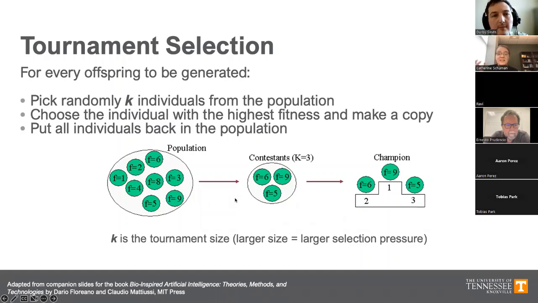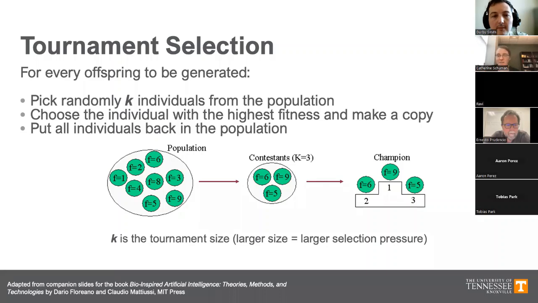And in that case, you would be returning as your offspring the 3rd lowest performing individual in your population. So it's this idea of that random selection from your population as part of your tournament that still gives you the opportunity to select poorer performing individuals that might be just a mutation away from being a good individual. So this gives you maintaining diversity in your population while still preferentially selecting better performing individuals to survive.